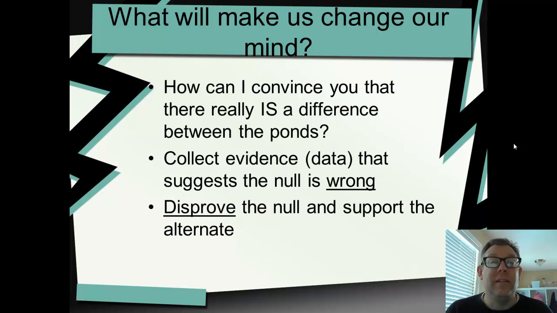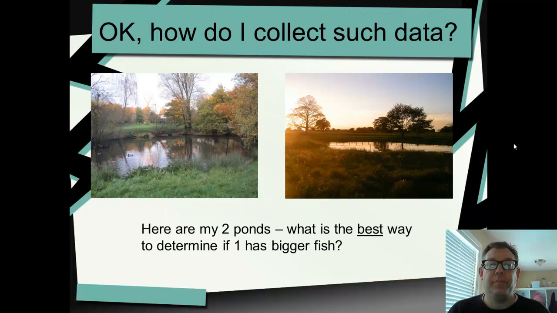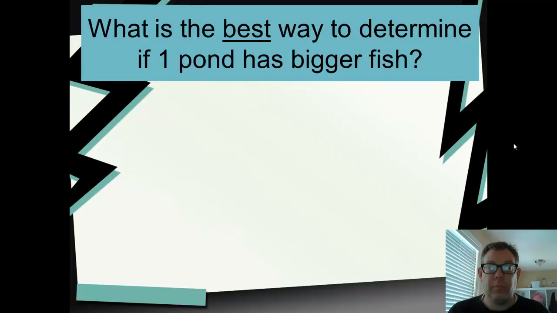So I'm going to try to disprove the null with my data, and that will allow me to support the alternate. Okay, so here are two ponds, and I assume that the fish are the same size in each pond. How can I collect the data to suggest that one actually has larger fish?